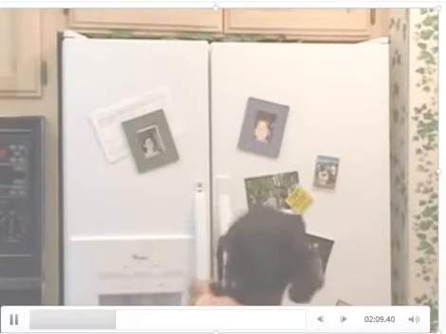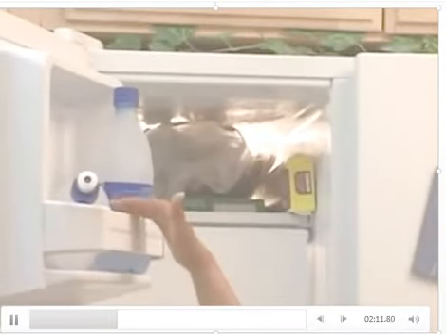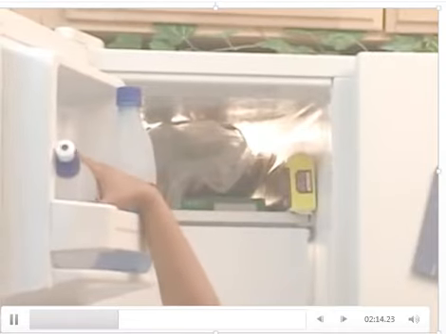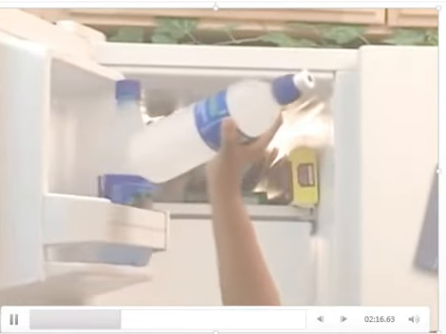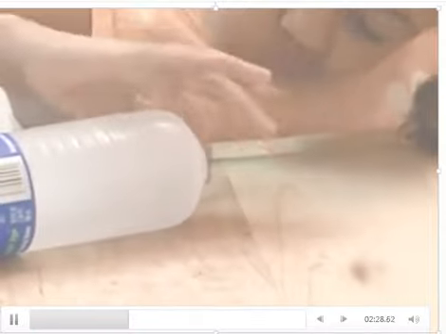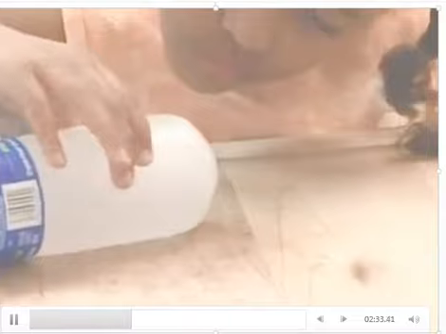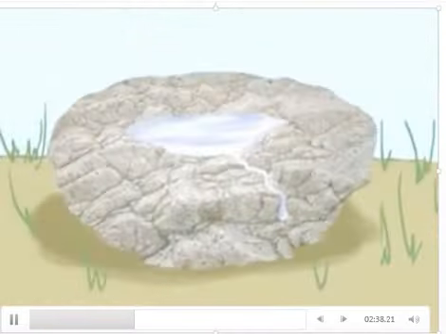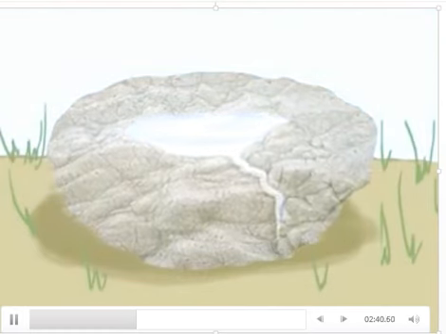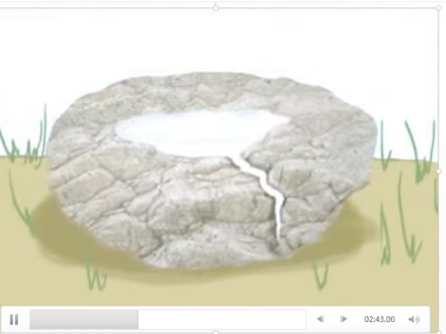The next morning, though, what's happened? The bottle won't stand up. The frozen water has gotten bigger. It has expanded and pushed out the bottom of the bottle. It's no longer flat. The freezing action of water can expand the cracks in rocks and break them up.